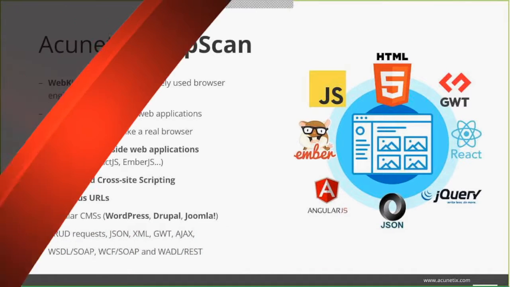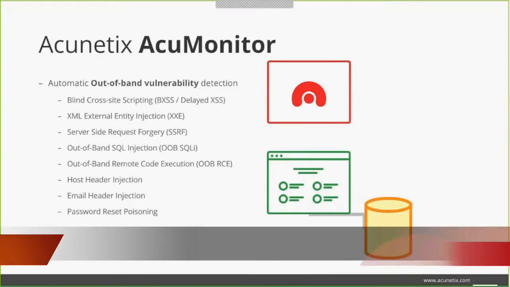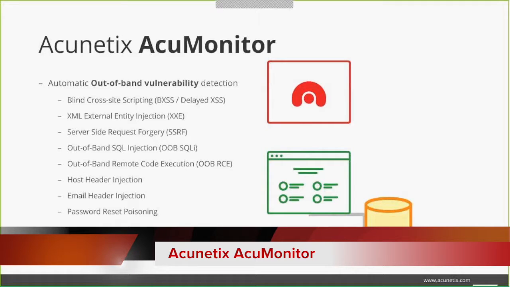So that's something that can be used with AcuMonitor, which is another flagship piece of tech, which is basically something that listens in the background for any sort of vulnerabilities which take place. The simplest way I found to explain AcuMonitor is: a hacker hacks into a site and places some sort of hack, like a bomb, to be really, really simple.